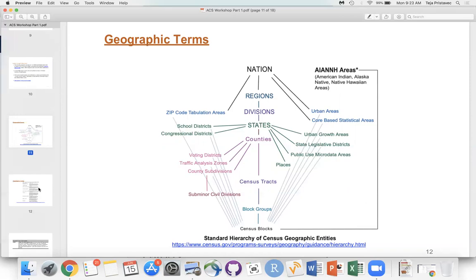Something like the Department of Education will have more data available at geographies that are more relevant to them. So like school districts, right, versus something like the Department of Labor will have maybe census tracts in counties. School districts are not relevant to them.